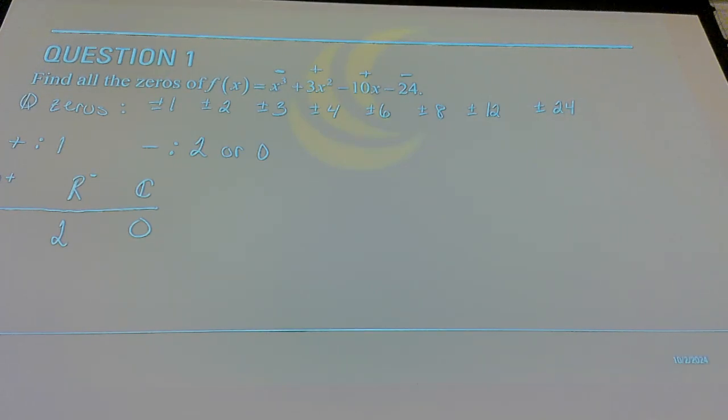Next scenario, you have one positive real and no negative reals. How many complex do you have to have? You need 2, right? 1 plus 2 is 3. Now just make sure that you did that right.